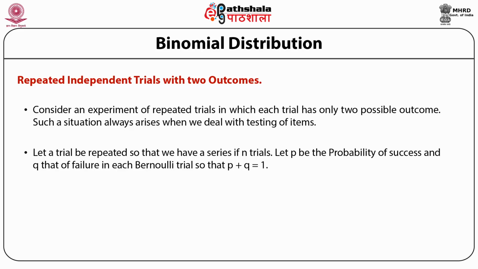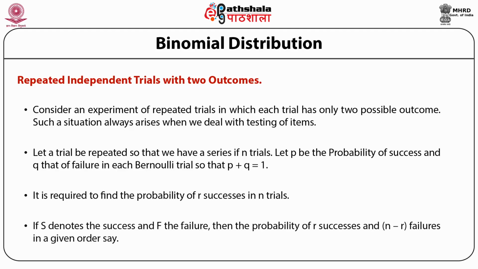Bernoulli trials is named after Swiss mathematician Jacob Bernoulli. It is required to find the probability of r successes in n trials. If S denotes the success and F denotes the failure, then probability of r successes and n minus r failures can be given in the following way.